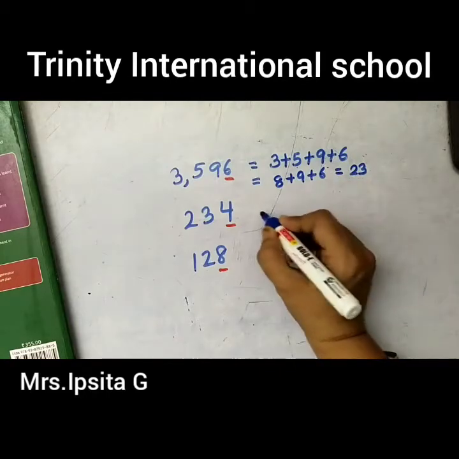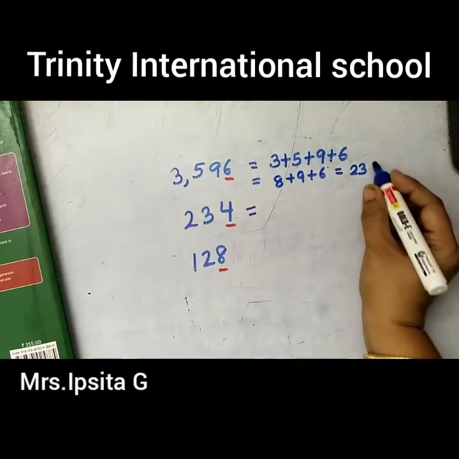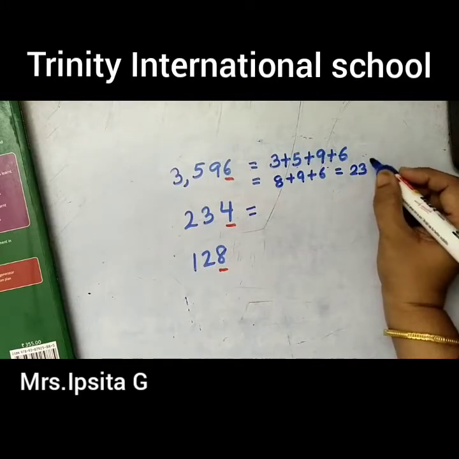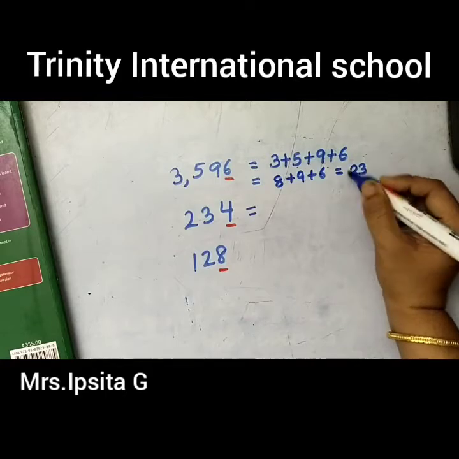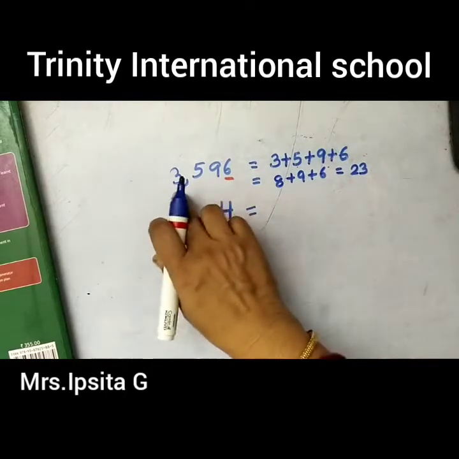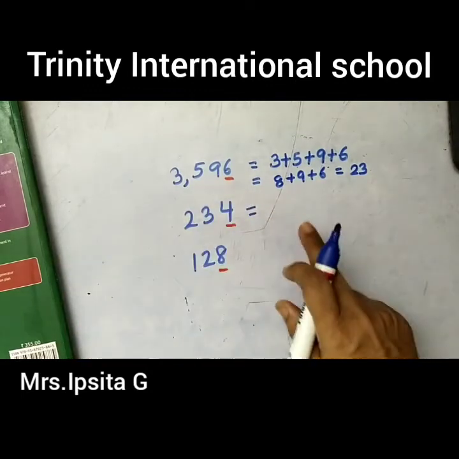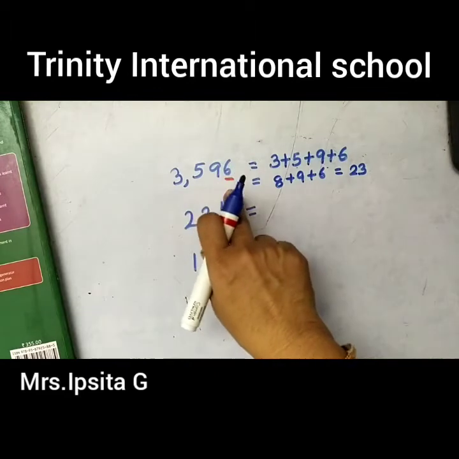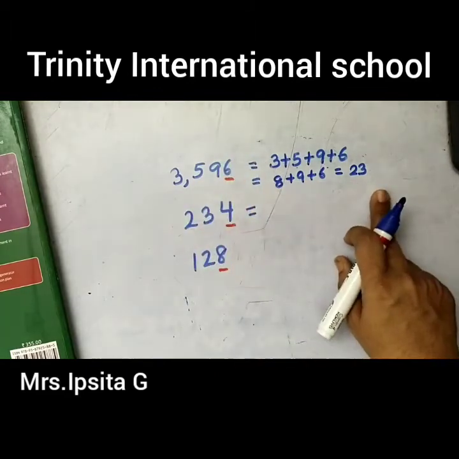Now you have to go for the sum, that 23, ये 23 जो है ये क्या है, this is not divisible by 3, 3 के टेबल में हमें 23 नहीं मिलता है. That means this full number is not divisible by 3. So this is divisible by 2 but not divisible by 3.